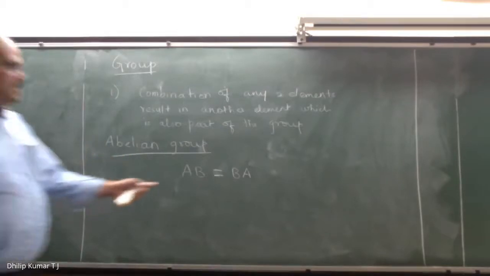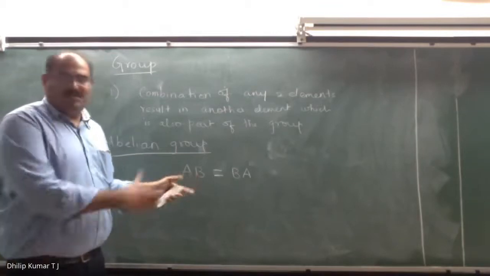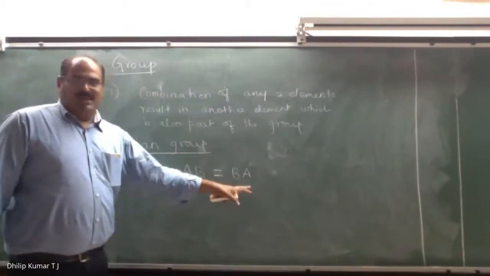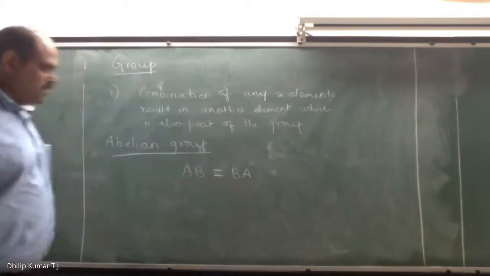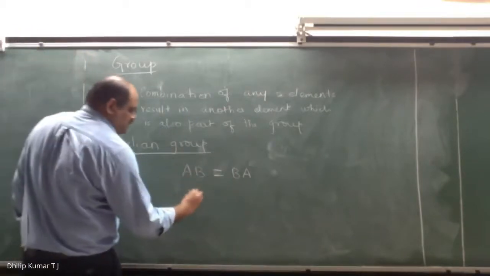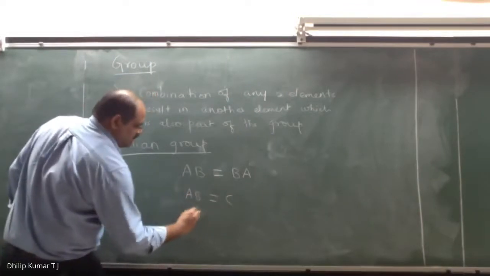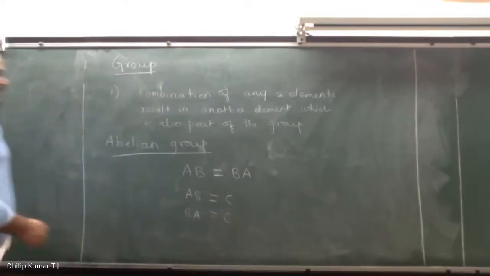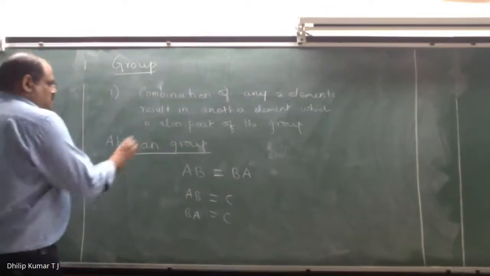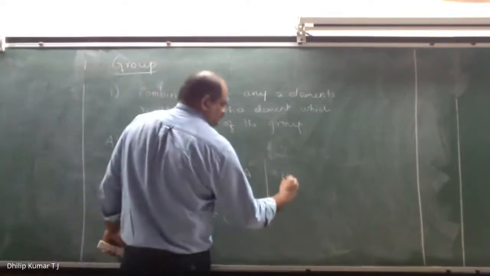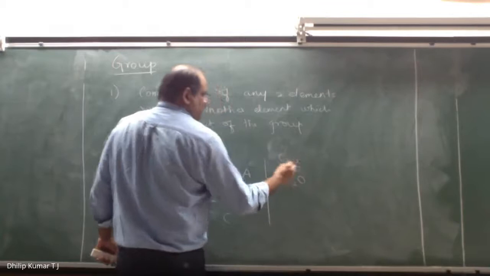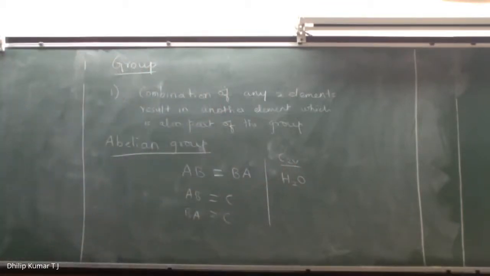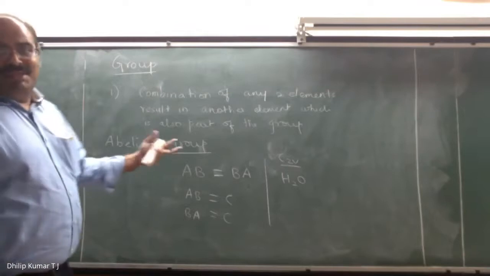So if you take A into B and you get some product, and if you take B into A, it should give the same product. Meaning, say AB is giving C, BA also should give C. So that is called an abelian group. A good example is H2O. C2v is an abelian group, whereas C3v is not an abelian group.